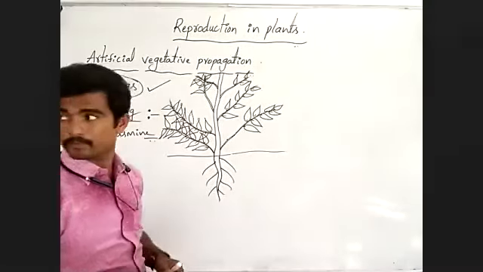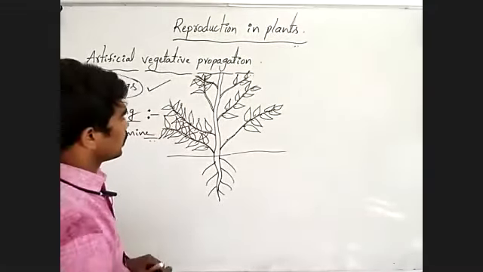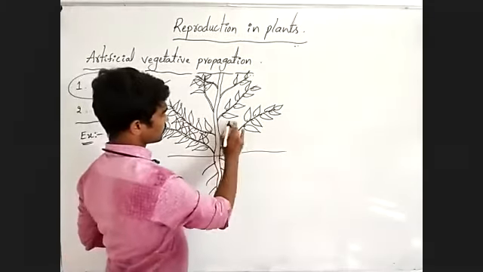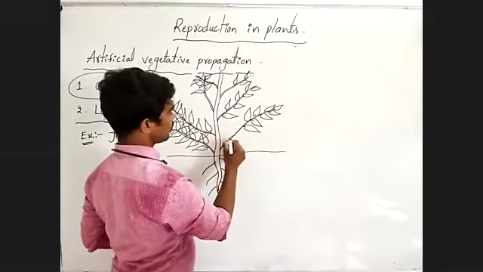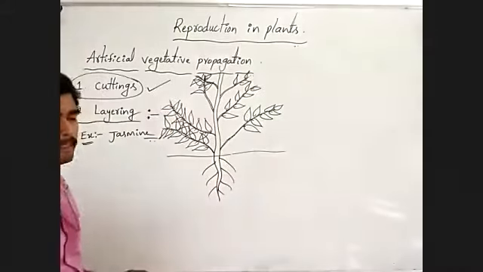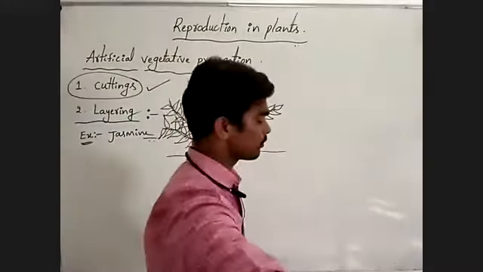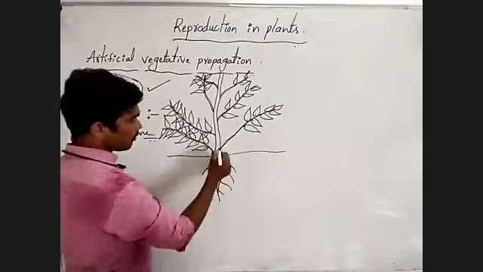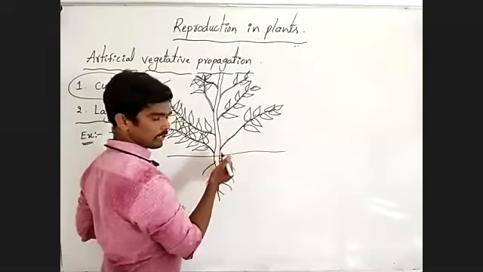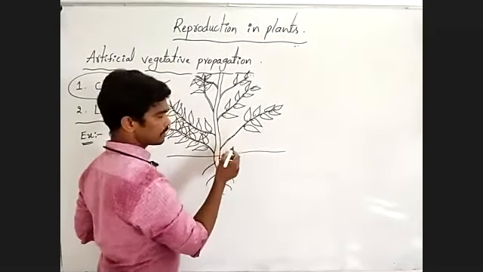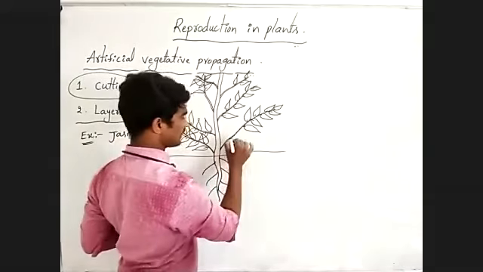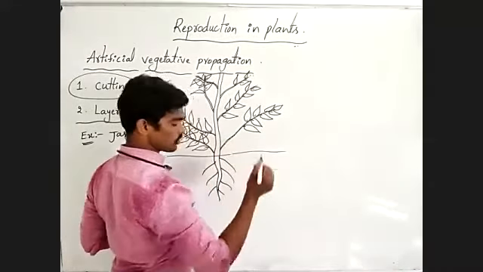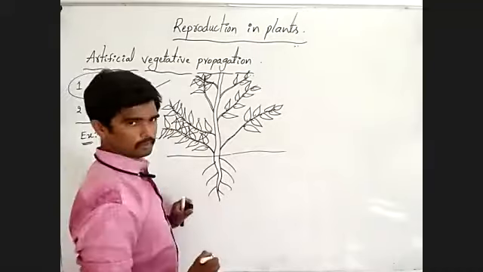Okay, observe. This is a plant. First, a small, lateral, weak branch is buried in the soil. That is wet soil.